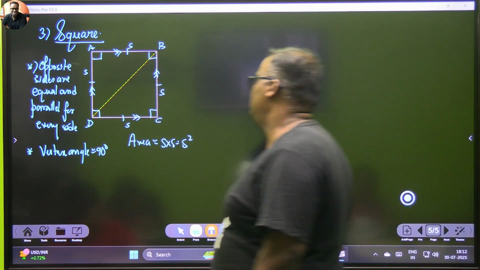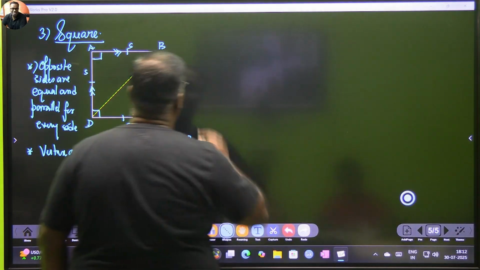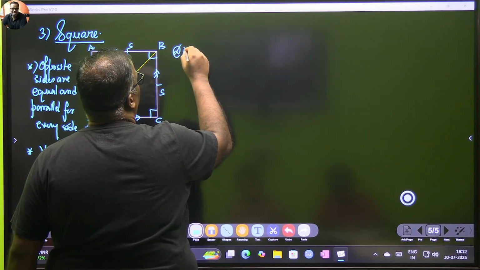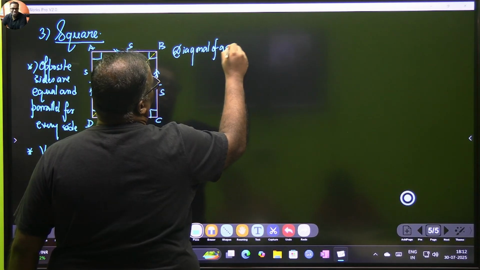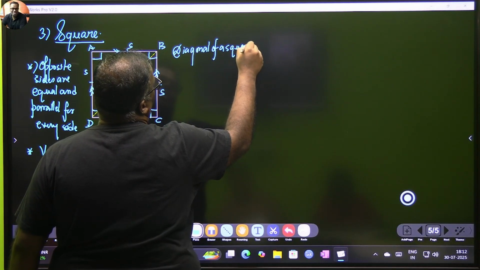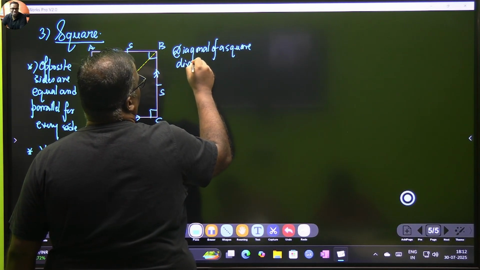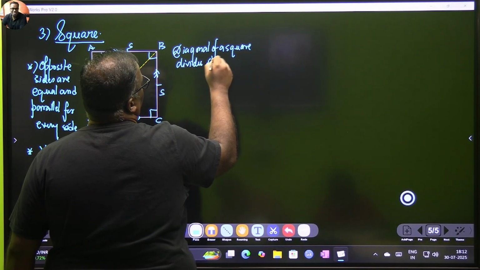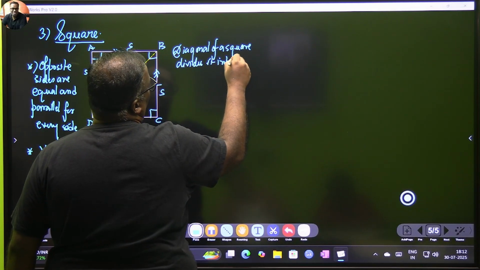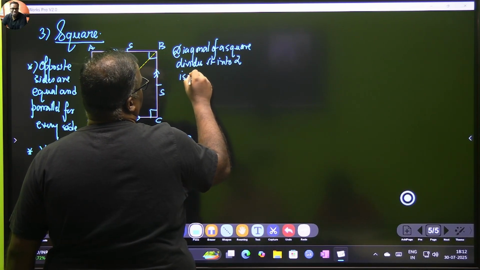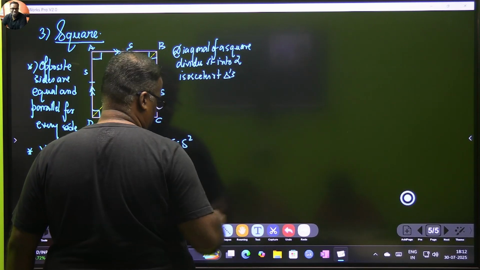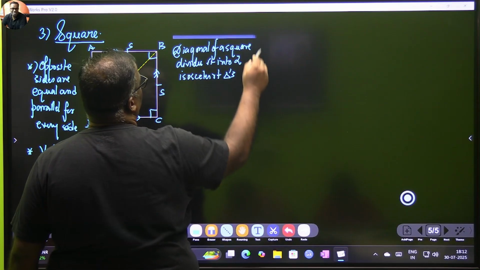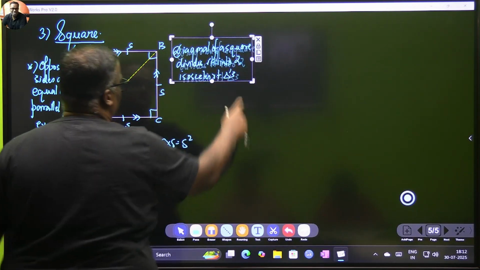So the best way we say that: diagonal of a square divides it into two isosceles right triangles. Divides it into two isosceles right triangles.